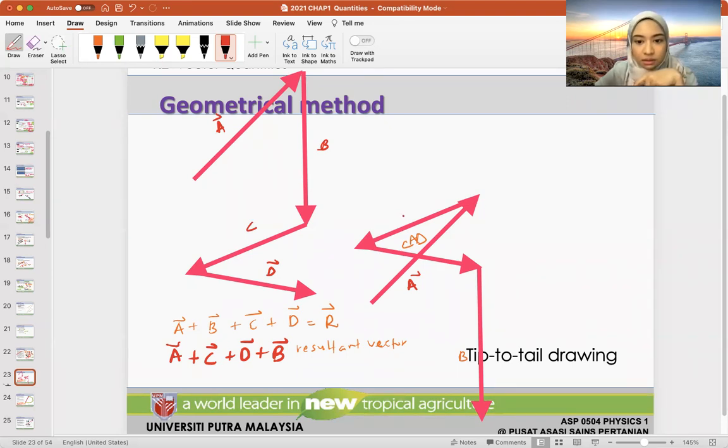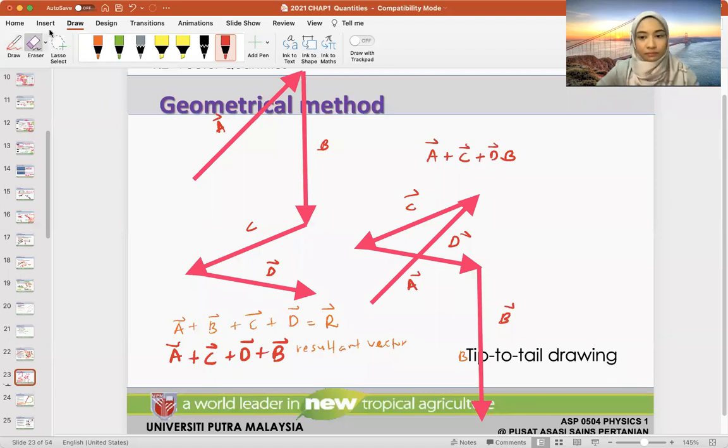C is this way. Okay, correct. This is A. A, C, D. Which D? D goes here. And then going down is B.